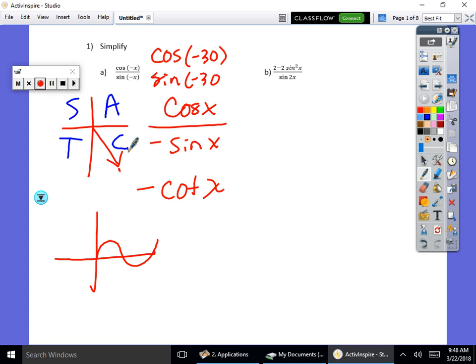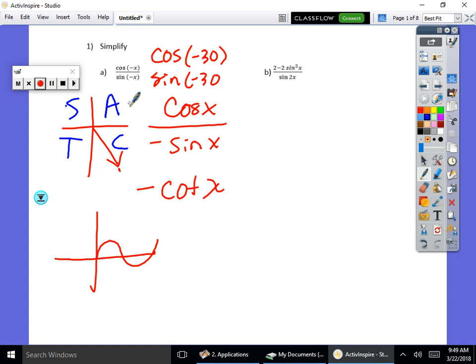Over here, cosine is negative, top, bottom. Over here, it's positive, top, bottom. But sine folds over the y-axis, so therefore it is odd. Okay? Or no, that's off. Because folding over the y-axis makes it an even function.